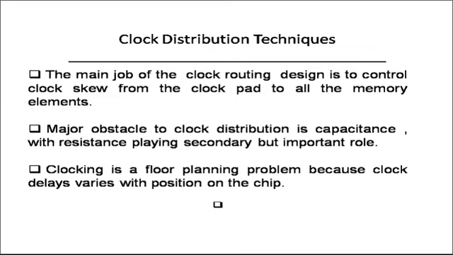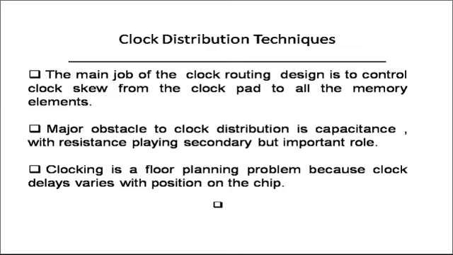The major obstacle to the clock distribution is capacitance, with resistance playing a secondary but important role. Whenever you go for a clock distribution, when you have to route a wire, it will give capacitance as well as resistance.